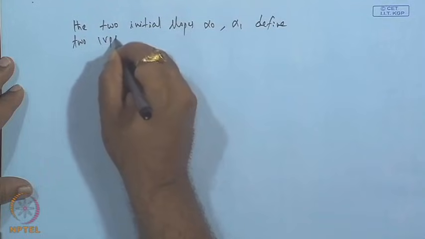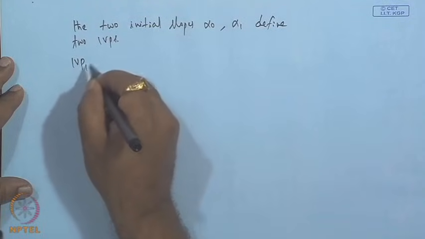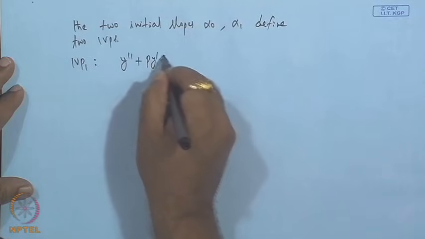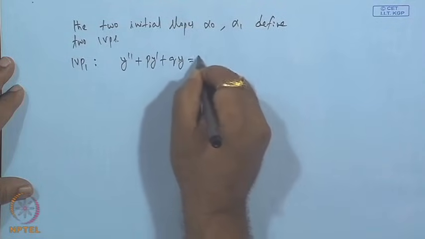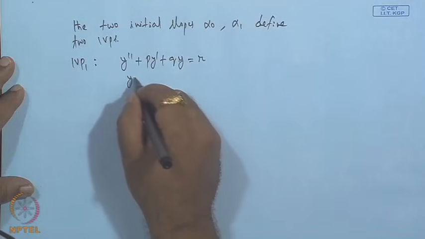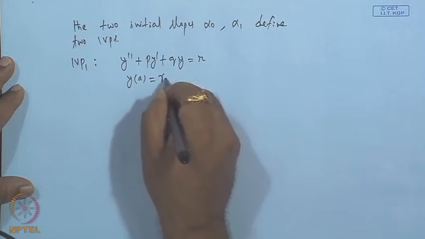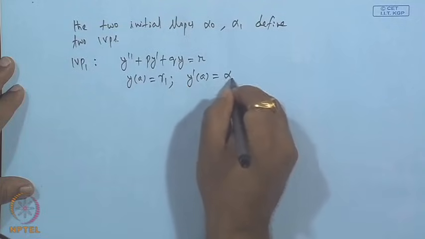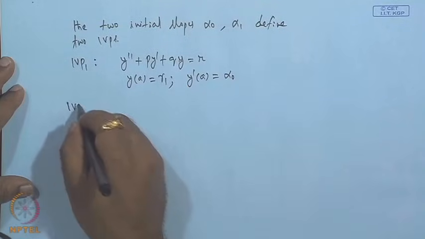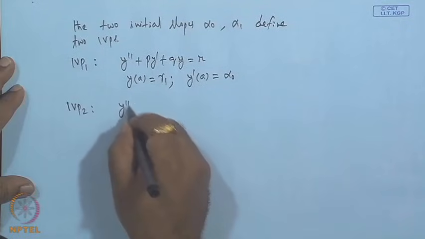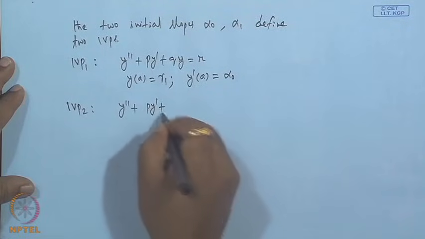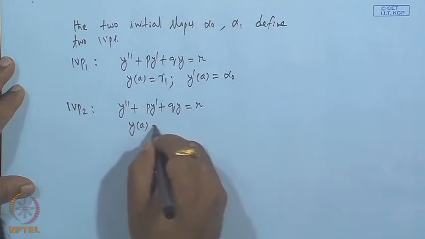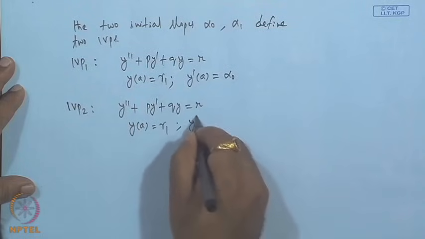So, IVP 1: y double dash plus p y prime plus q y is r, y of a is gamma 1 and y dash of a is alpha 0. IVP 2 is the same with alpha 1.